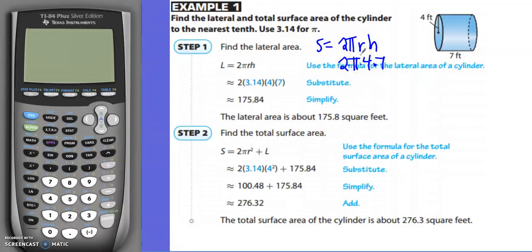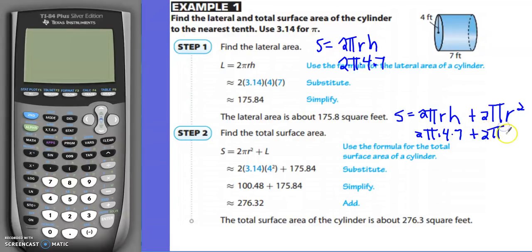That's for the lateral. For the total, it is S equals 2 pi r h plus 2 pi r squared. So we have 2 times pi times 4 times 7 plus 2 times pi times 4 squared. This is for the lateral, this is for the total.